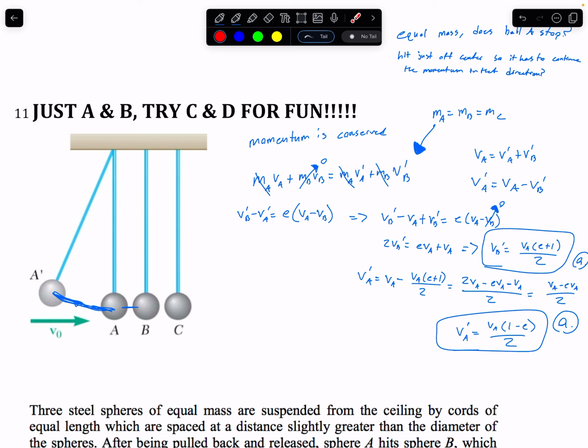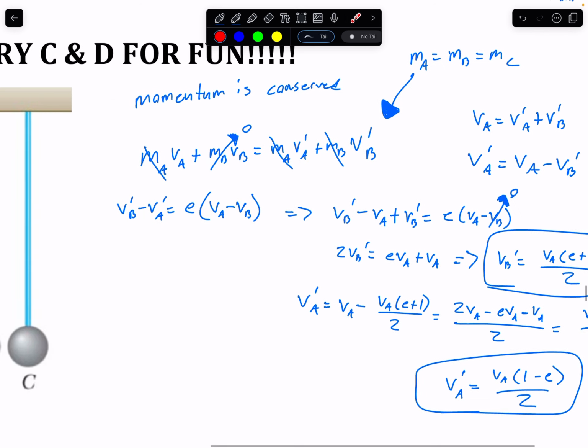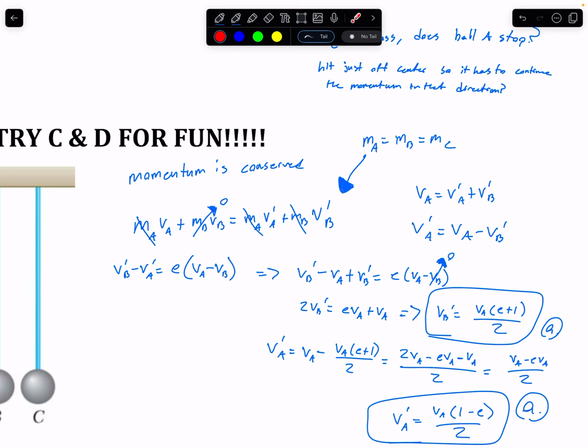And so we know that initial velocity of B is equal to 0, so we just take that out of there. And we also know that the masses are all equal, so we know that the velocity of A is equal to the velocity prime of A plus the velocity prime of B after.